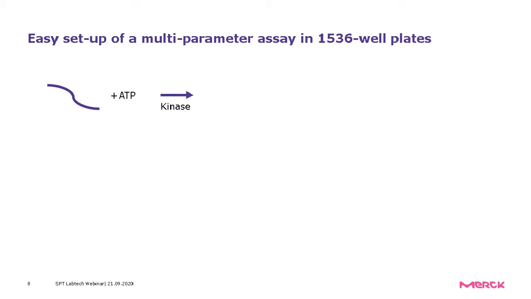So the first example is a kinase. This kinase is phosphorylating a certain substrate under the consumption of ATP. We made use of the HTRF expertise from SysBio, so we made the phosphorylated peptide visible by a simple FRET assay.